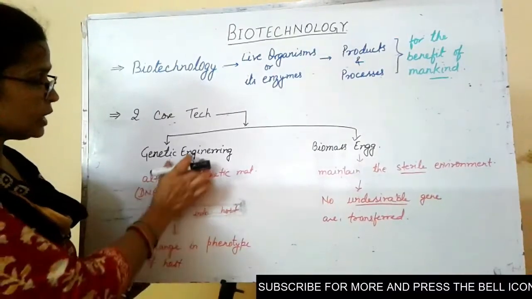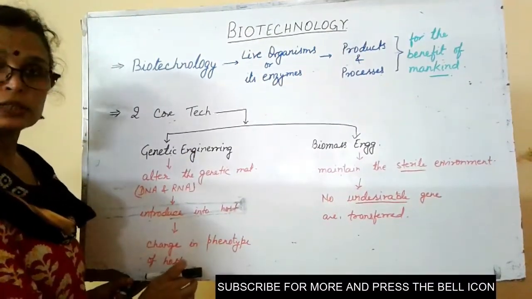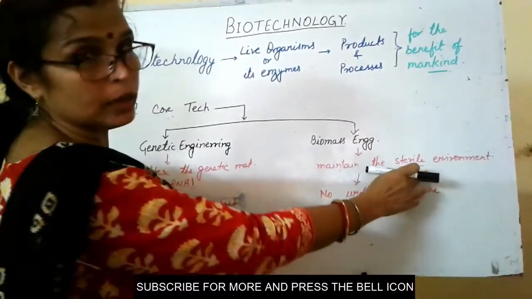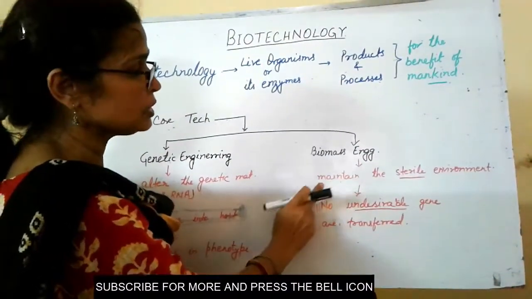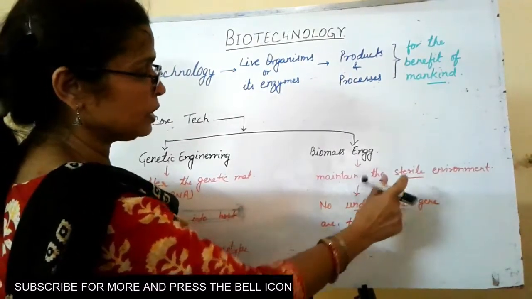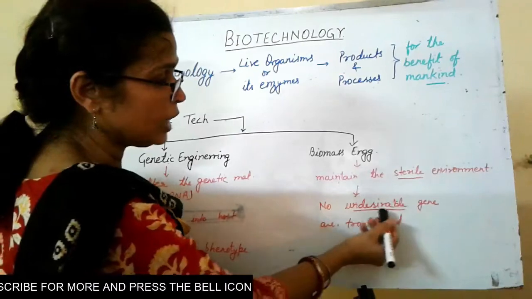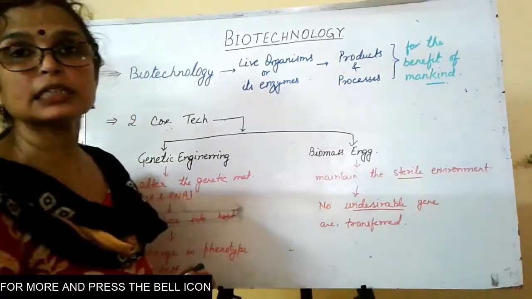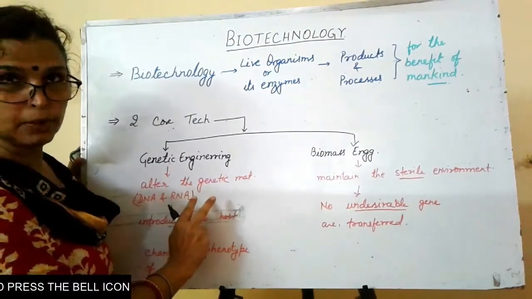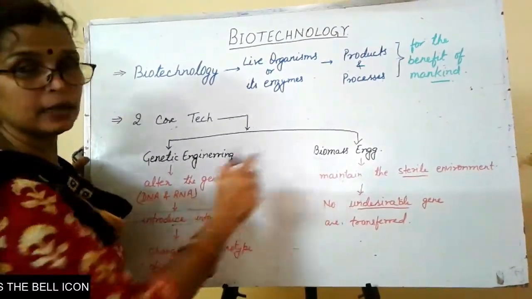For this we have to maintain a sterile environment, and that is the biomass engineering. Why do we have to maintain a sterile environment? So that no undesirable genes are transferred. So there are two core techniques in modern biotechnology, genetic engineering and biomass engineering.